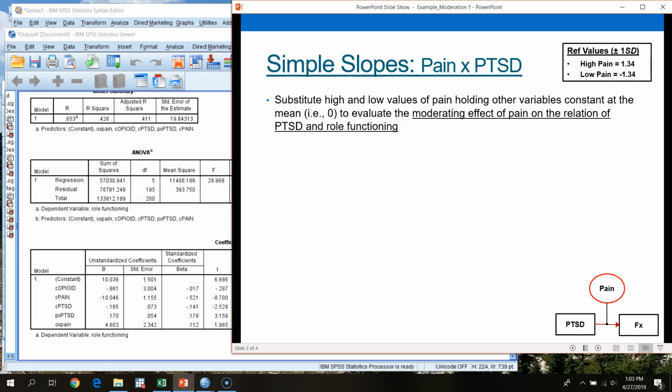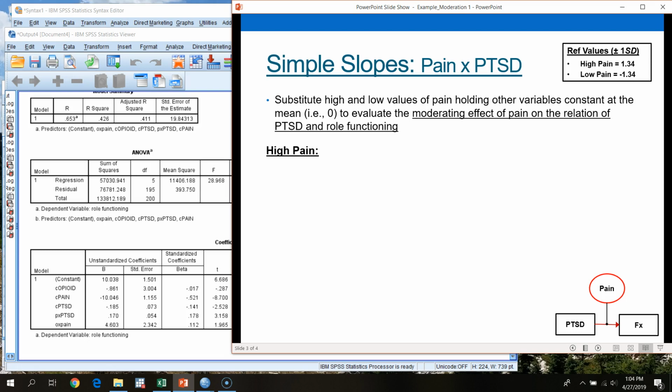If we start with simple slopes for the conditional effect of PTSD, we're interested in the extent to which pain changes the nature of the relation between PTSD and role functioning. I'm just going to substitute high and low values of pain, holding everything else constant at the mean. This is going to give me the moderating effect of pain on the relation of PTSD and role functioning.